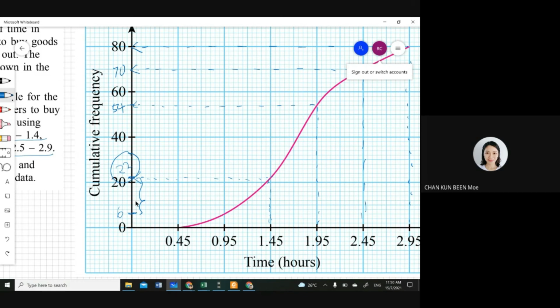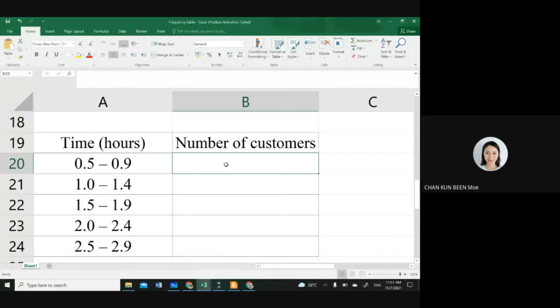How much is it? 16. Yes, 16. So the first one is 6. Your frequency starts with 6 over here in your frequency table.